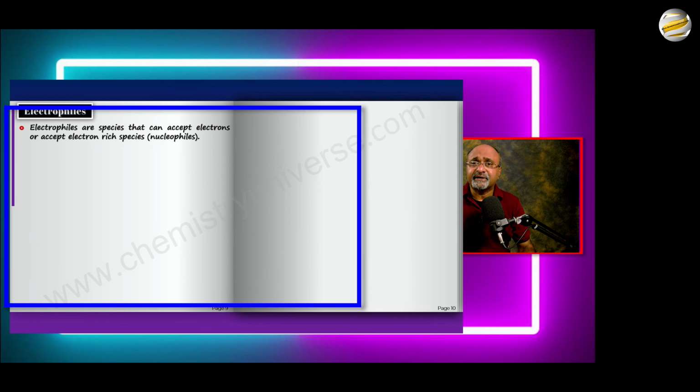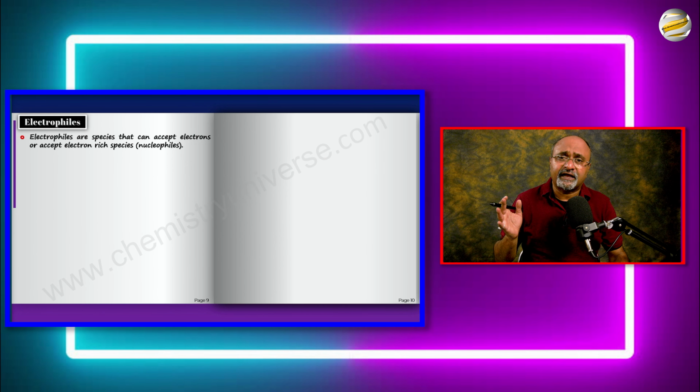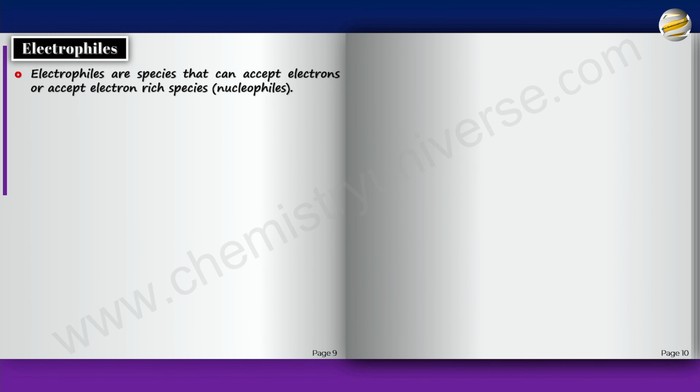What it basically means is that electrophiles have somewhere some electron-deficient center. It could be a complete positive charge, it could be without a positive charge, an empty orbital, or it could be a partially filled orbital or stuff like that. The fact of the matter is that it is capable of accepting either an electron pair or just getting an attack from a nucleophile. So that is what an electrophile is.